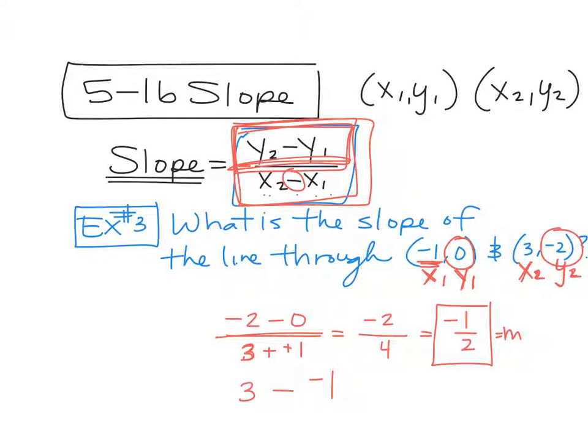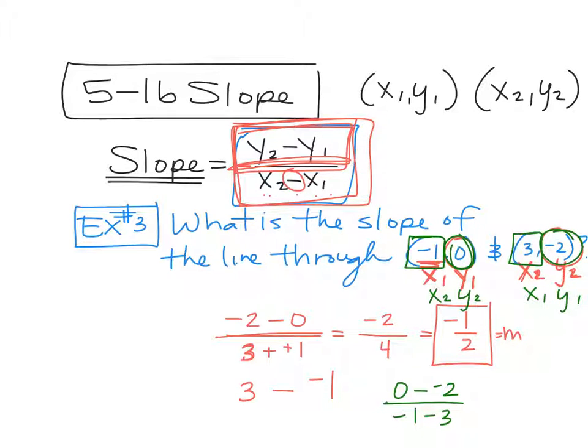Let me just show you that if you switched your points around, you would still get the same thing, okay? If I flipped this, where this was x2, y2 instead, and this was x1, y1 instead, if I were to plug that into y2 minus y1, now it would be 0 minus a negative 2, and then x2 minus x1 would be negative 1 minus 3.